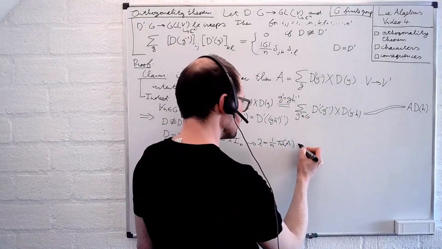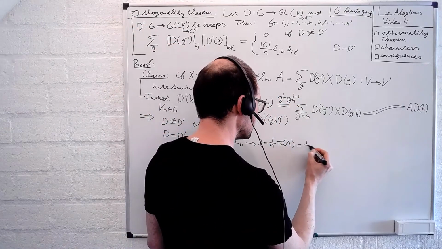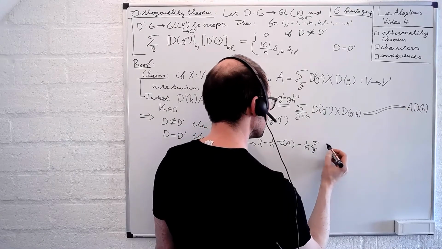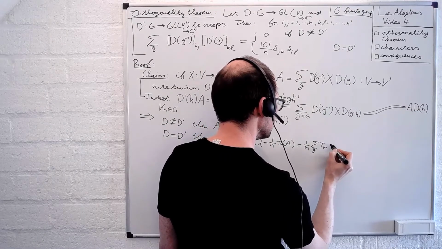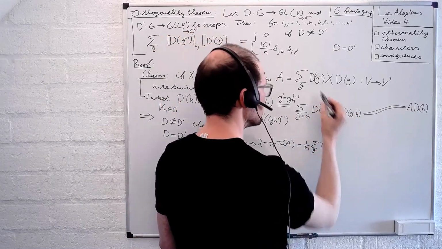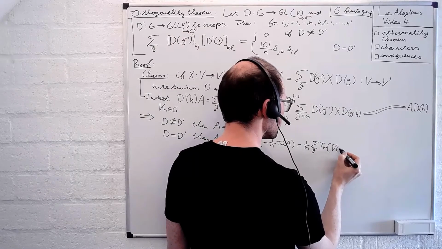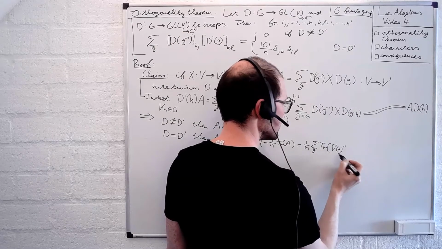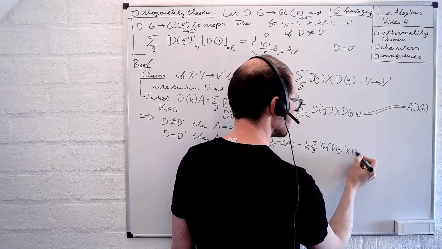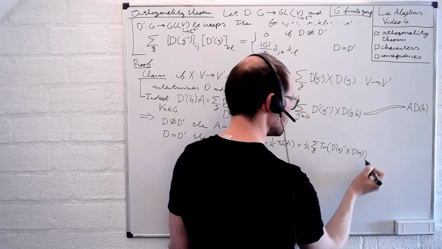Okay, so let's just compute this. So this is 1 over n, sum over the group elements, and then the trace of this part. But remember that d prime of g inverse is really the inverse of d prime of g times x d of g.